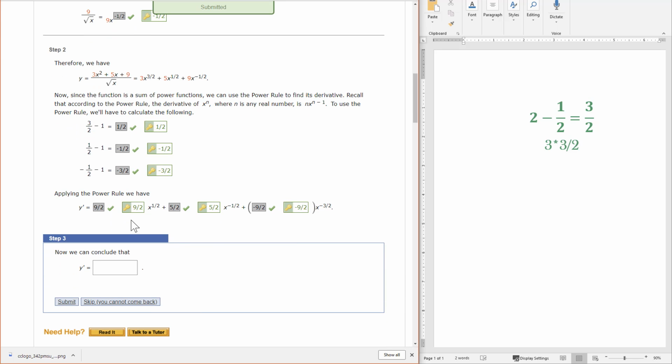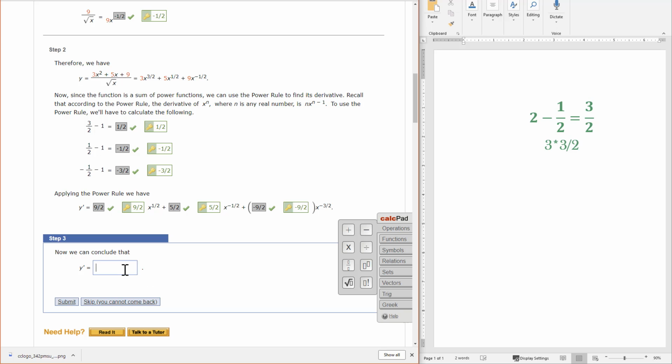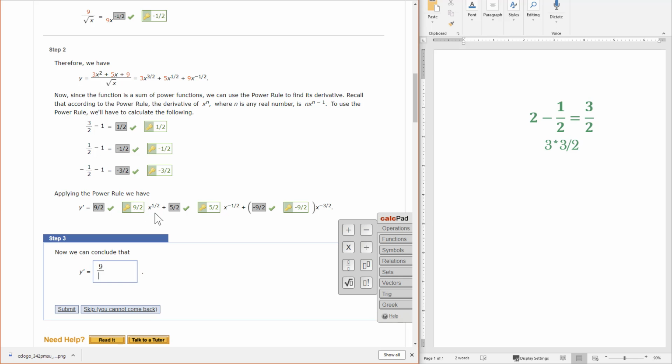Okay, so that's it. Now we can write all this out as is, or we can go back and apply the square root stuff. And so let's try putting the square roots back in there. So this is 9/2 times the square root of x, plus 5/2.